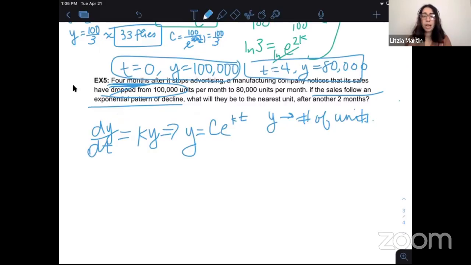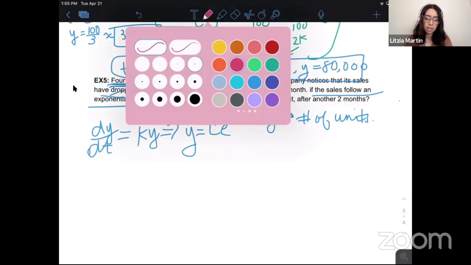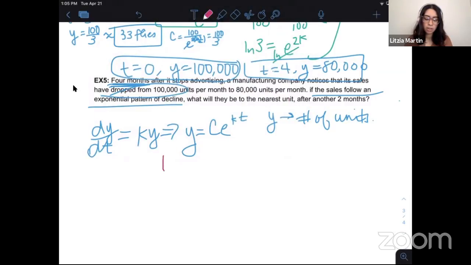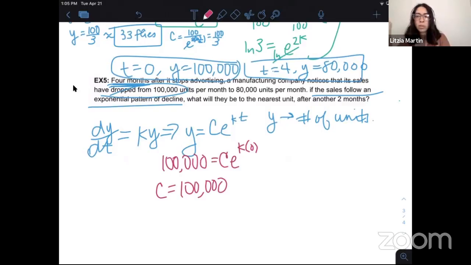Those are the 2 key points that we're going to be using. You always want to start, if you have an initial condition, use that because it's going to cancel things out nicely for us. So we got 100,000 here. And again, this is just going to give us c is equal to 100,000. So this kind of goes back to what I said earlier. C is going to represent your initial condition.